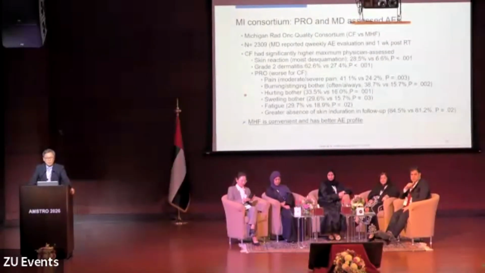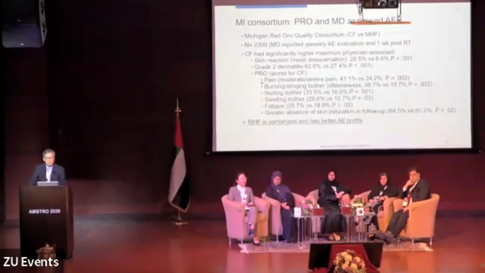This is a Michigan consortium study, over 2,300 patients, showing MD-reported weekly management visits, the acute side effects, up to 1 week out after radiation. Looking at the skin reactions, dermatitis, they're all superior for the moderately hypofractionated arm.